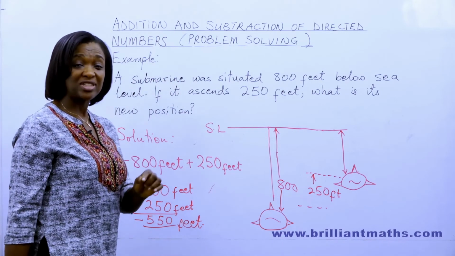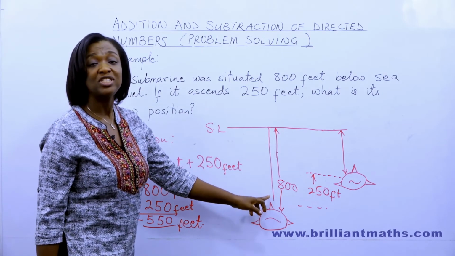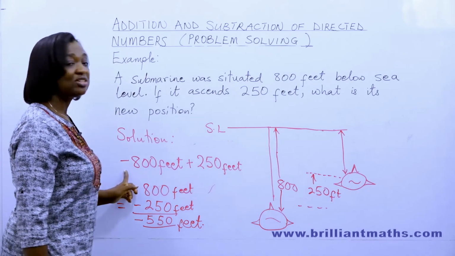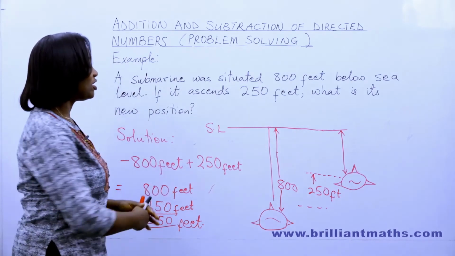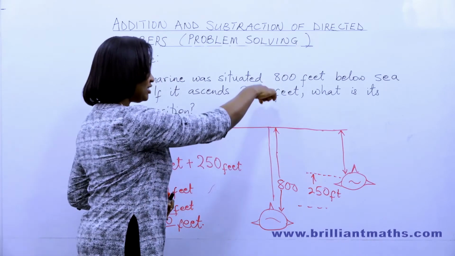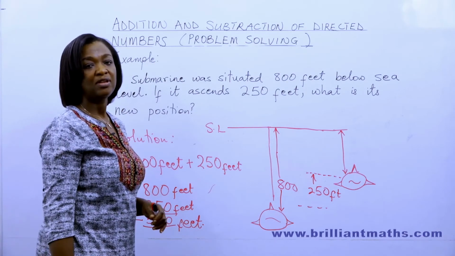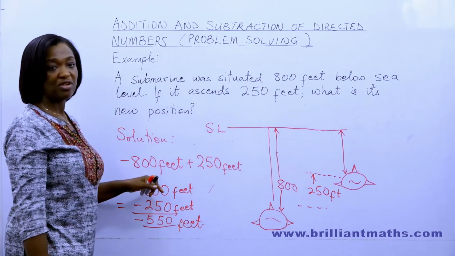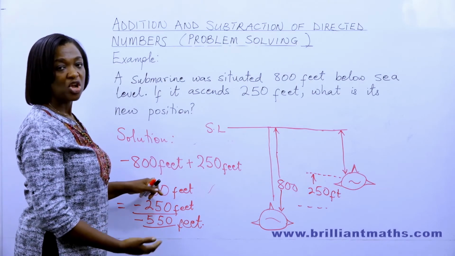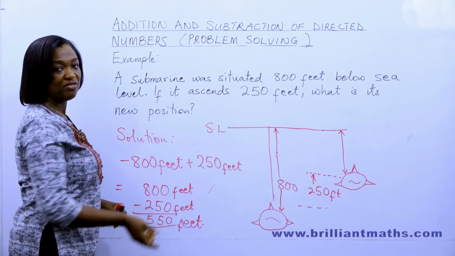But in the actual sense of it, 800 feet below sea level actually means minus 800 feet. Because if this is sea level, the submarine is negative 800 down. So it's actually minus 800 feet. And then when it ascends 250 feet, you are adding 250 feet to minus 800 feet.